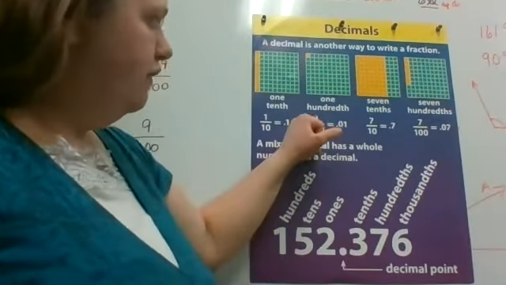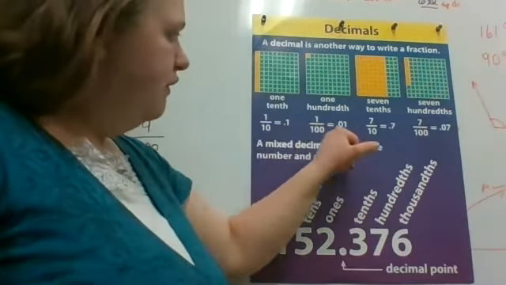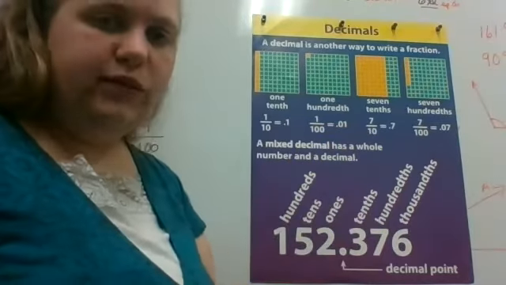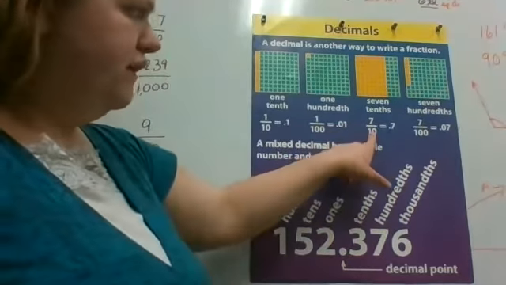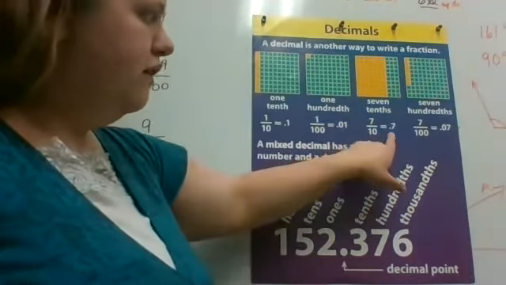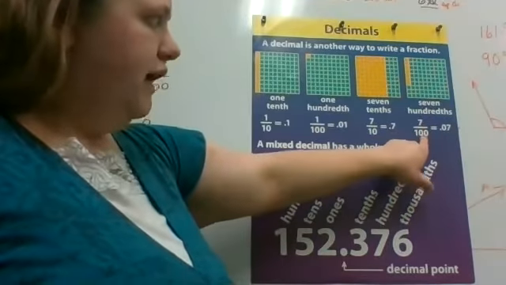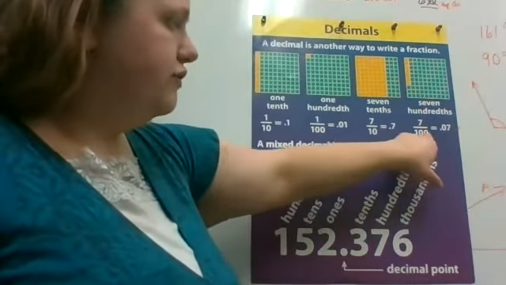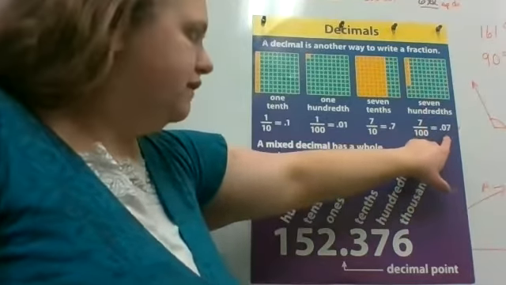If you have 1/100th, it is equal to 0.01. And then you've got 7/10, which is equal to 0.7, and 7 over 100 is equal to 0.07.